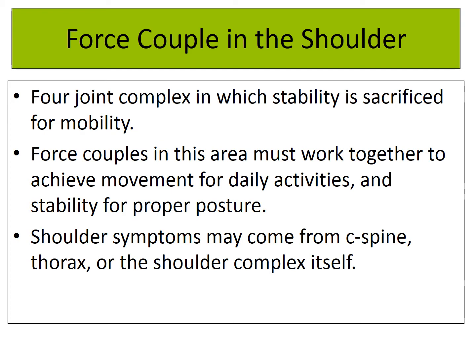And so it's something that we really must consider. And through this course that you're taking this semester, you'll be able to look at the ranges at the joints above and below and help to determine if maybe the issue could be the cervical spine or the thoracic spine instead of just the shoulder itself.